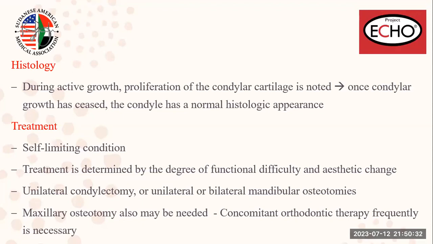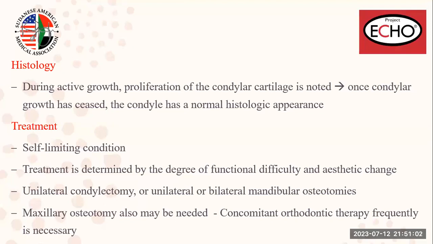If you need to treat, you can do unilateral condylectomy, which is cutting the condyle on the affected side, or unilateral or bilateral mandibular osteotomies. These are surgical procedures that are done to the bone of the jaw to shape it in a better way, to get it back to as normal as possible.